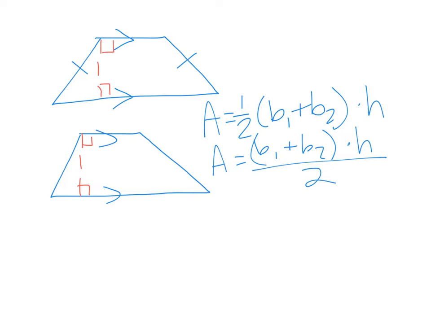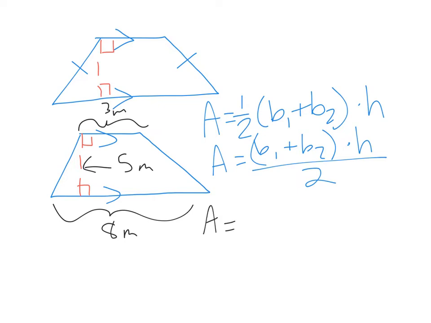Let's pop some numbers in here. That often helps us to understand things. Let's say my height is 5. Let's say this base is 8 and this upper base is 3. And we'll go with meters. Okay. Let's use my formula.